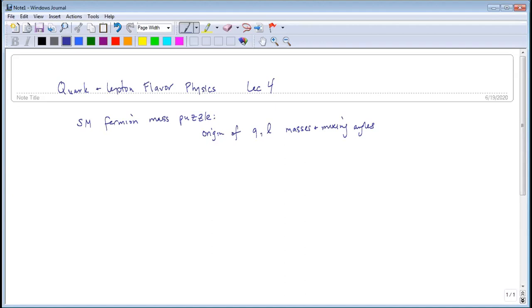Okay, but let's first just sort of recall what the problem really is. Recall we have mass matrices M_U, M_D, M_E, and why not? Let's put the neutrino one in here right now as well. This was my notation for diagonalizing them. It's a common one, but one has to be careful because various conventions abound.